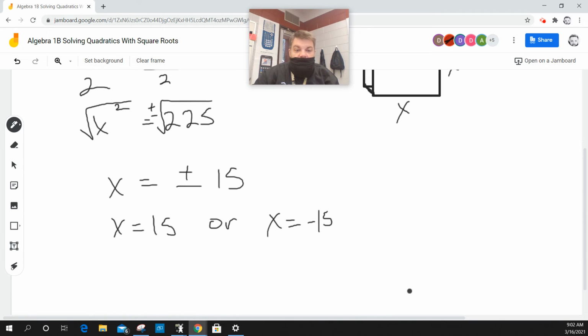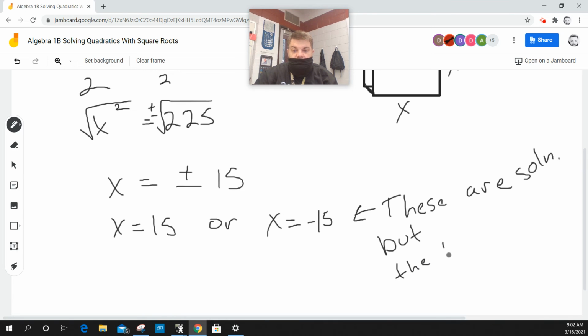No. So these are the solutions, but the box length is just 15. It's not negative 15, it's just 15.